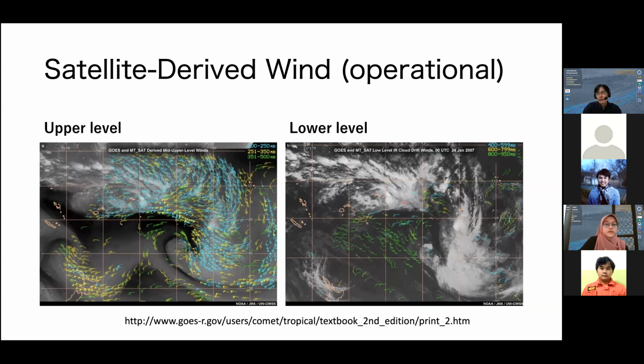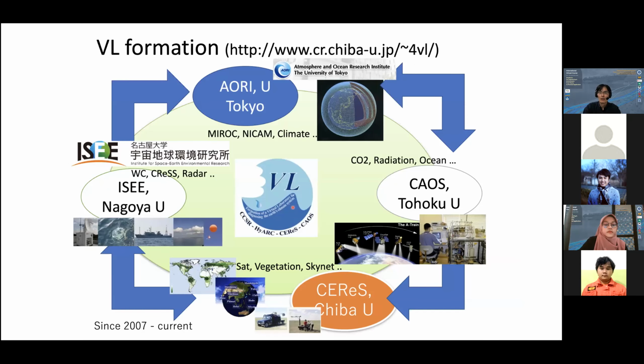Chiba University's Center for Environmental Remote Sensing is one of the centers for getting geostationary meteorological data, and we have activities for virtual laboratories. We collaborate with Japanese researchers, numerical modeling people, CO2 observation experts, and water management people, and the Center for Environmental Remote Sensing is the expert in satellite data handling and analysis.